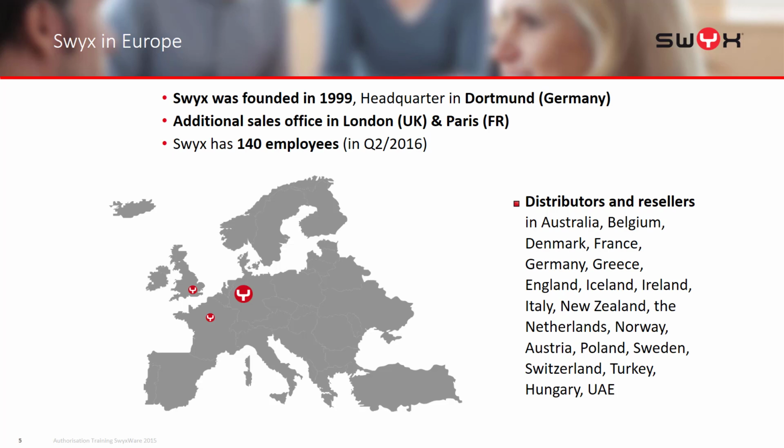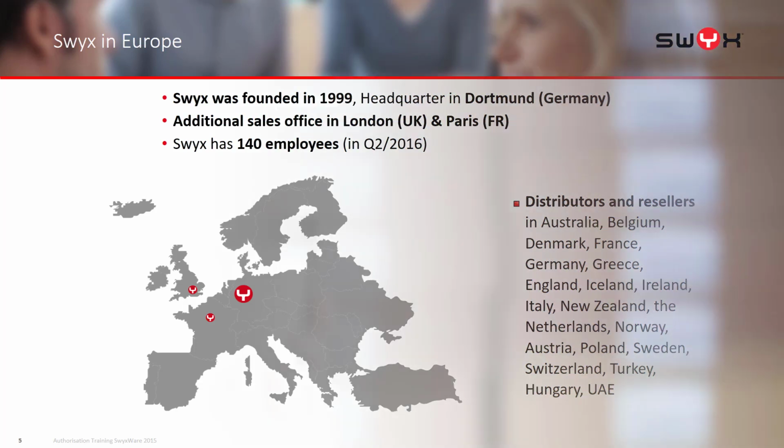Our distribution partners and resellers are predominantly based in Europe, where we have presence in just about every European country. But we do have authorized partners in New Zealand, the United Arab Emirates, and even the United States, but predominantly a European-based company.